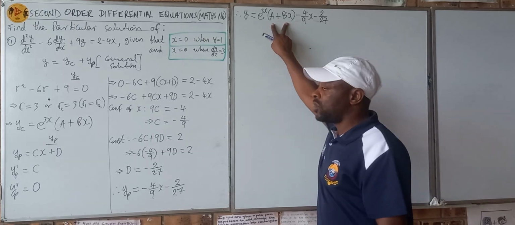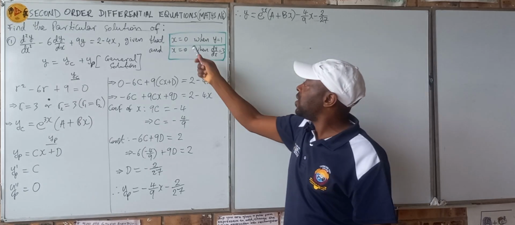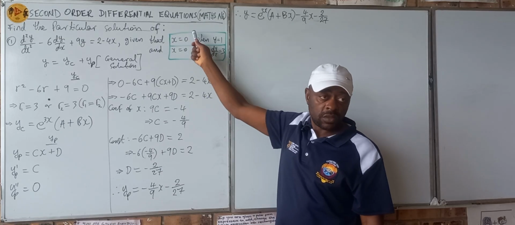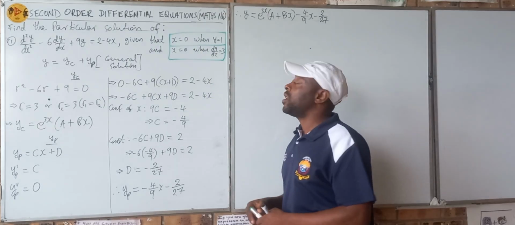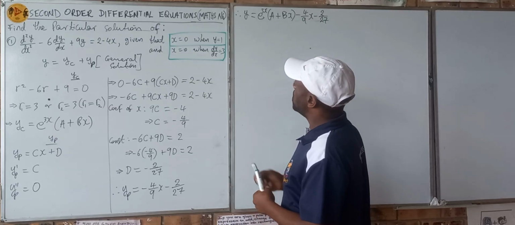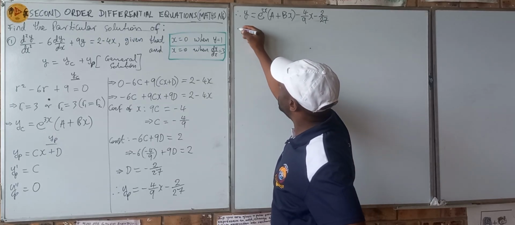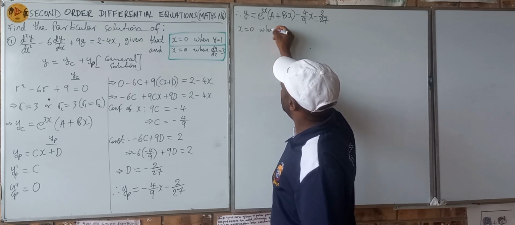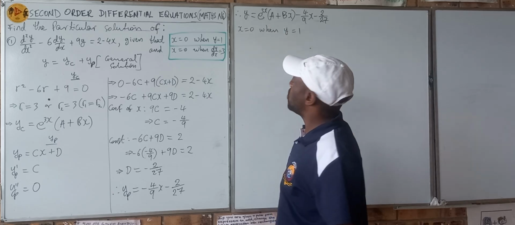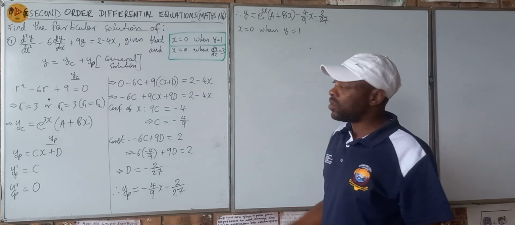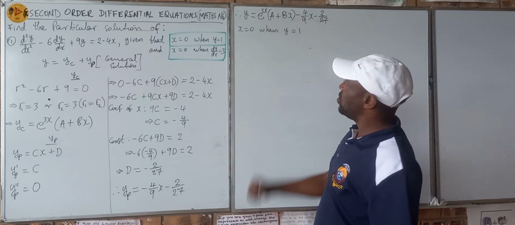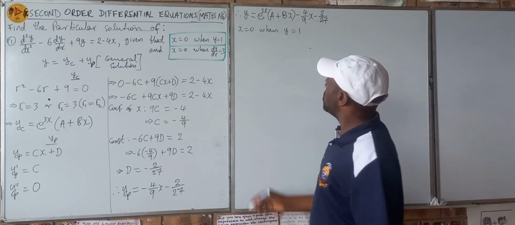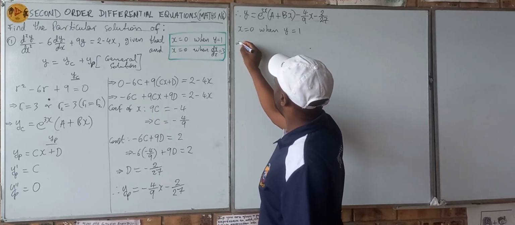And since there are two constants, that is why they've given you two conditions for you to create a pair of simultaneous equations. So I'll start with the first condition, which says x is equal to 0 when y is equal to 1. So I'm substituting that into the general solution.